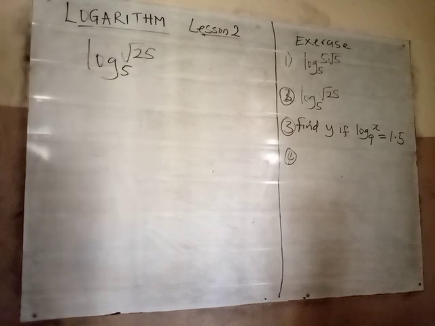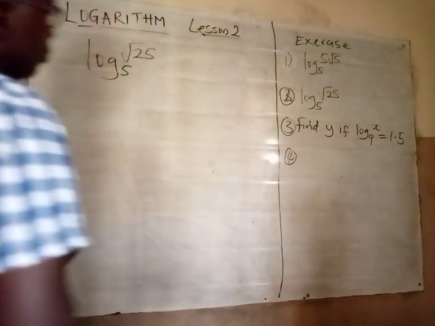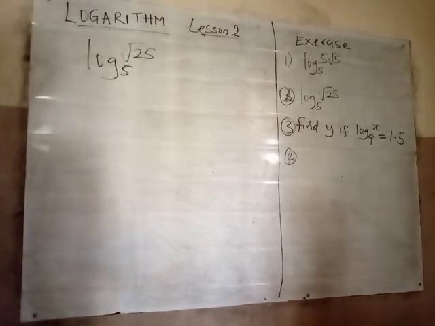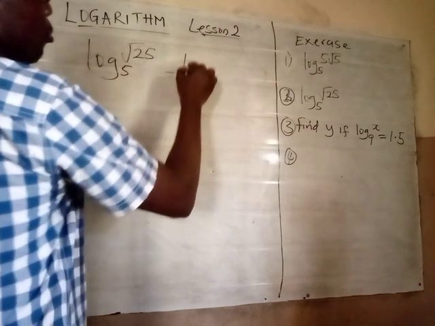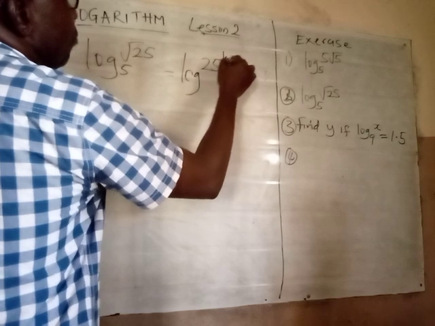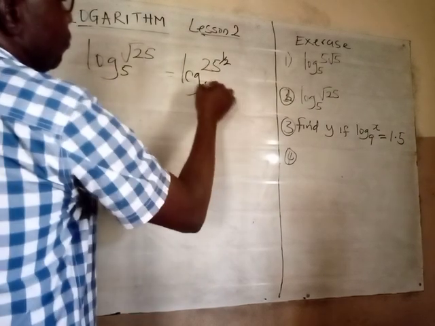The previous one we did was also a root. For us to remove the root, we raise it to the power of 1 over 2. So this simply means log 25 raised to power 1 over 2 base 5.